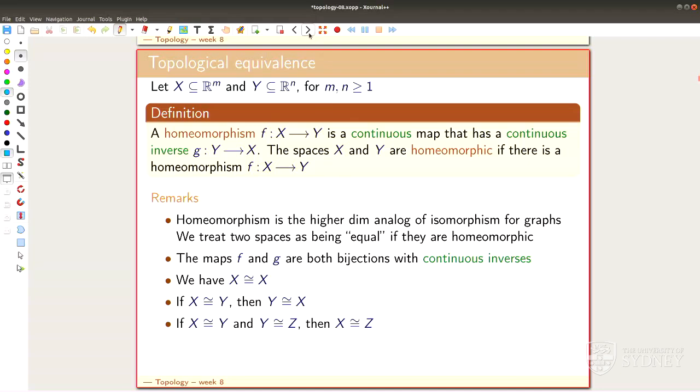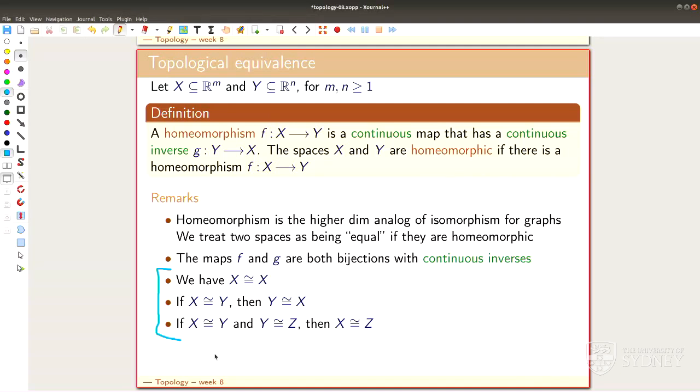So let me just add here 3 observations. So clearly, X is homeomorphic to itself. Take the identity. It's a very good continuous map. If X is homeomorphic to Y, Y is homeomorphic to X. You can swap the roles of F and G. And the transitivity property is also not very hard to show.